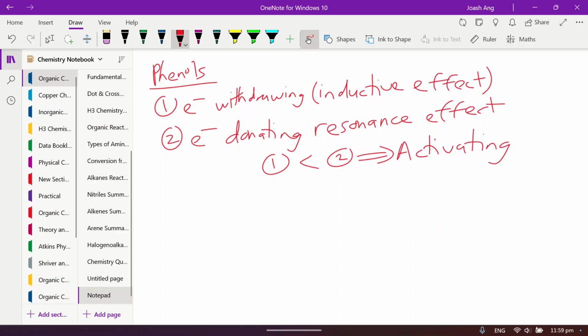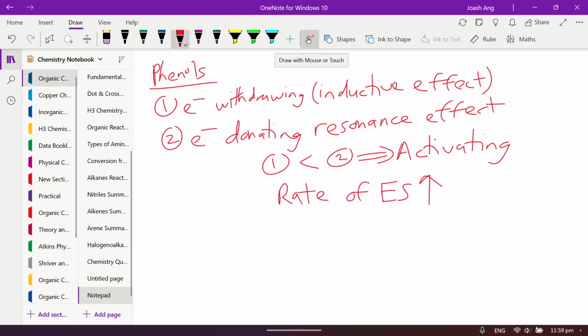And we will always see that the electron density of phenol is much higher compared to benzene. Okay, so this explains the rate of ES to be high.